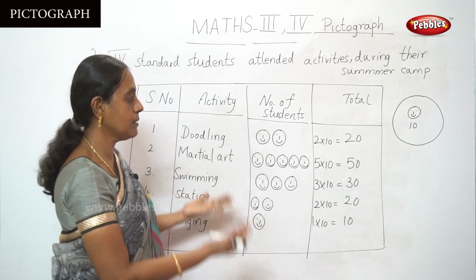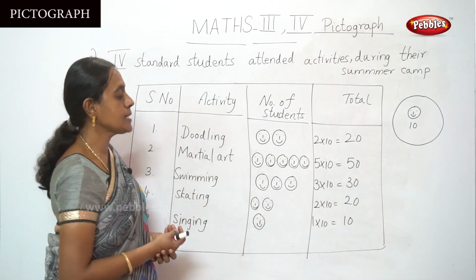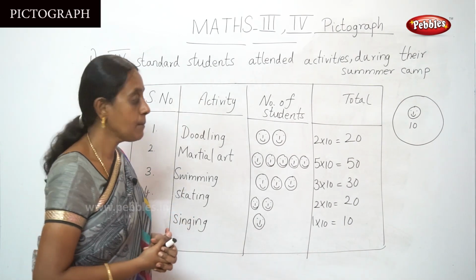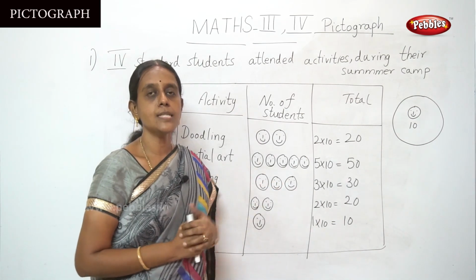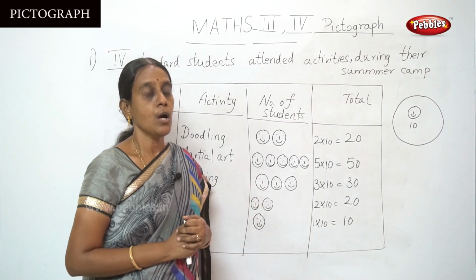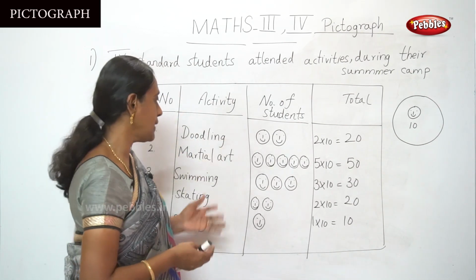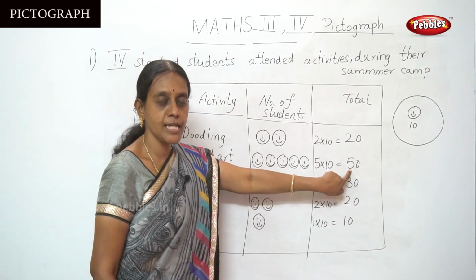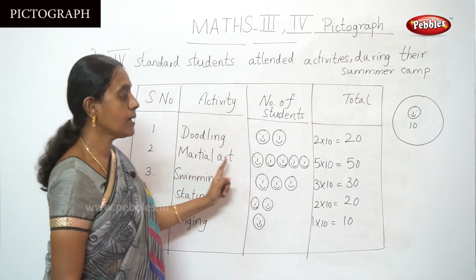Our first question is: how many more students took part in which activity, that is, in which activity did a higher number of students participate? The number of students, 50, is the highest value. That is martial art.